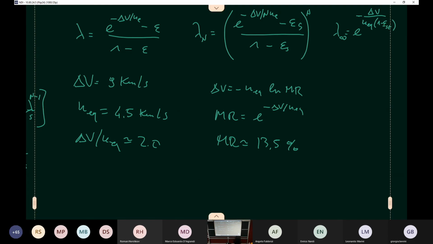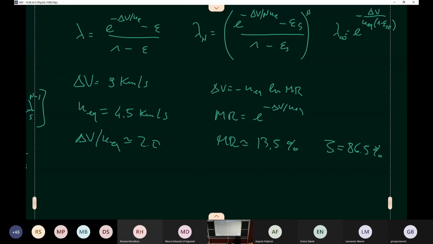And this means that the remaining 6.5%, this is for a single stage, is propellant. And actually, to get this specific impulse, we also need huge tanks, with cryogenic propellant. So having this final mass ratio small with respect to the overall one means that it will be more or less all structures, no payload.